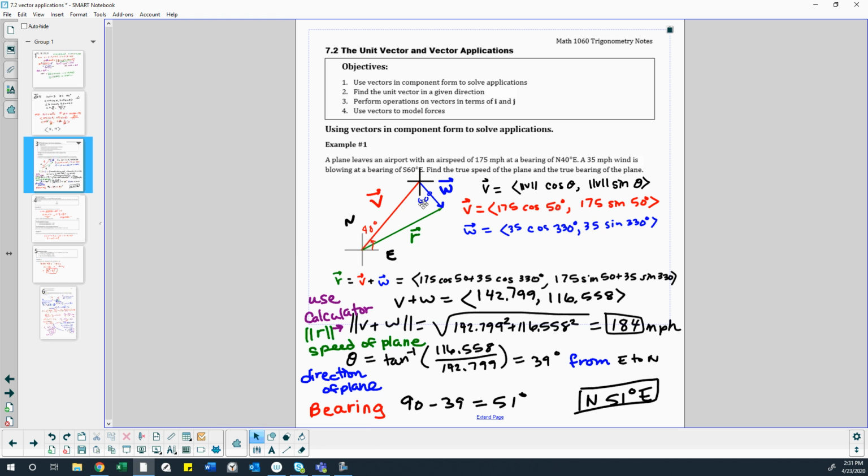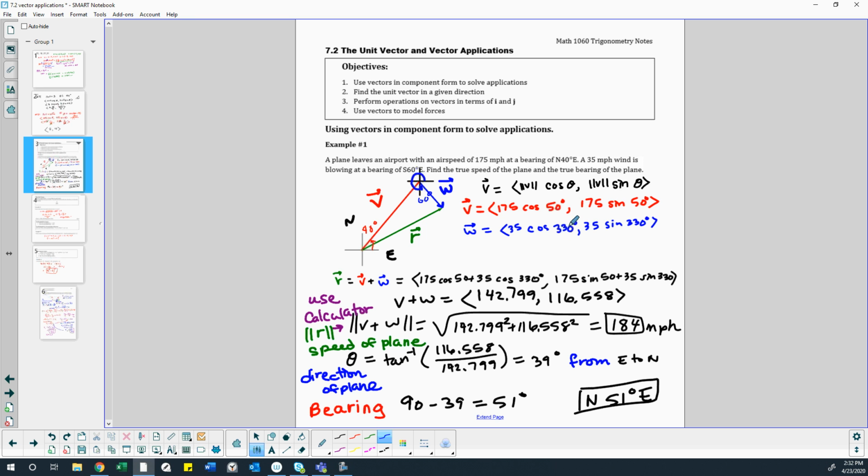So if that is 60, and we need to know this angle all the way around here, then this would be 90, 180, 270 plus 60. So 270 plus 60 is 330.